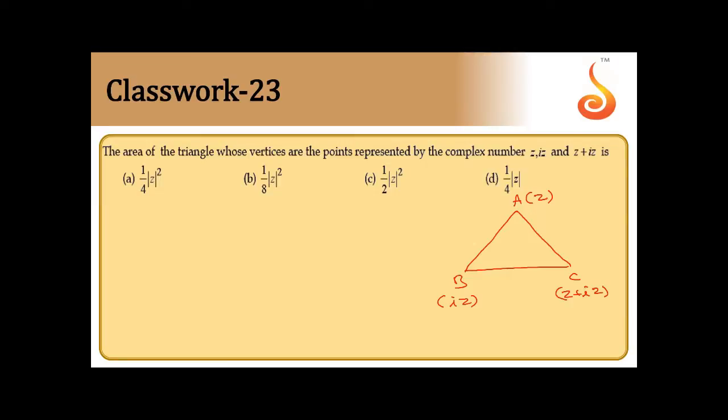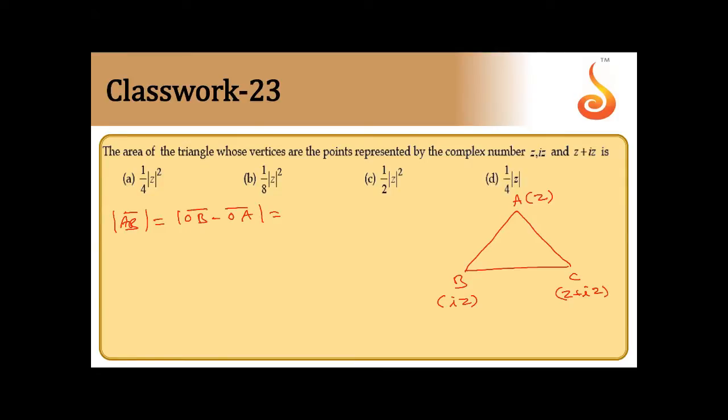Three points are there. So let us take the lengths of the sides. First the AB length. You can take vector notation, modulus of AB, that is modulus of OB minus OA.